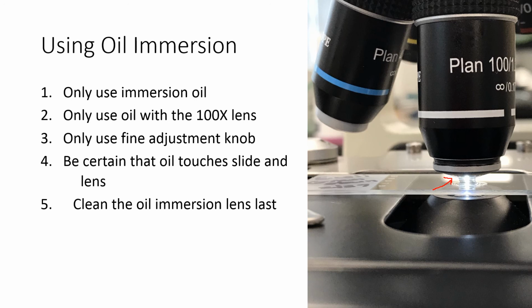It's because the depth of focus on this lens is so short, you can't see the specimen on the other side of the slide. So if you're having trouble focusing, be sure that there's enough oil on your slide and make sure that your slide is face up.